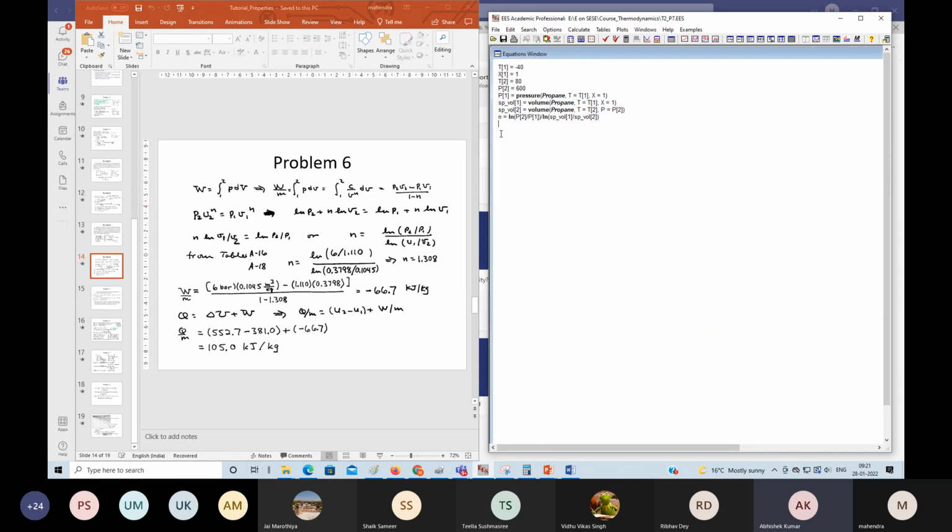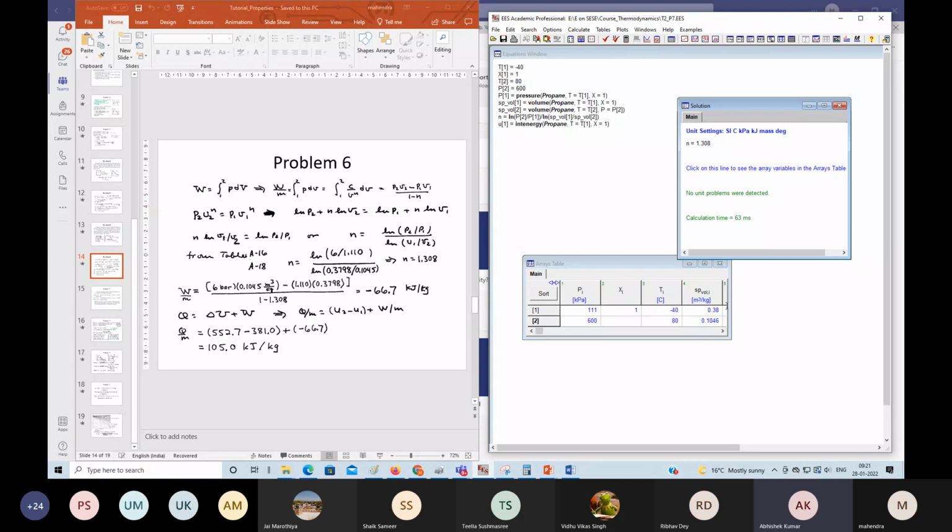So internal energy, what is this? U1 equal to internal energy. At this point, let us see, propane. Then calculate and see.